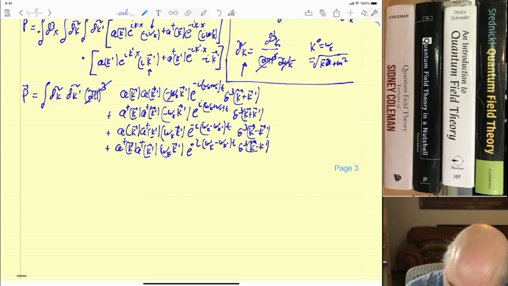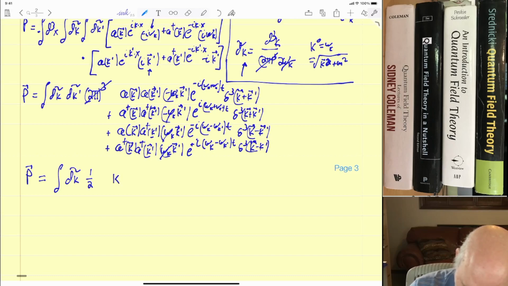So all these omega k's go. And we're left with the integral of d tilde k. We still have the 1/2 from there. Now we're going to get 4 terms again.